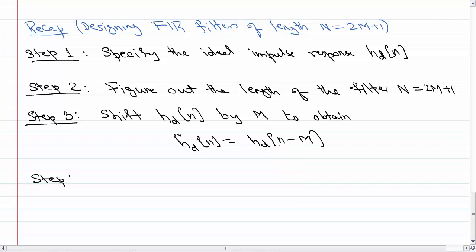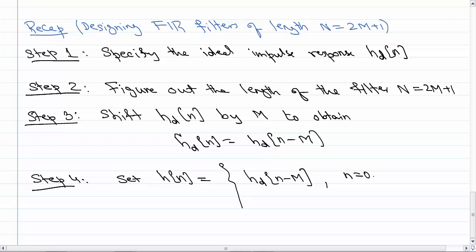Step 4 is now you throw out everything: set Hn equals Hd of n minus M for n from 0 up to N minus 1, and 0 otherwise.